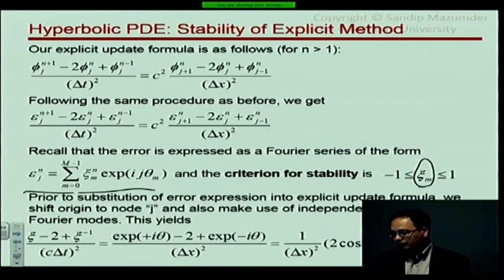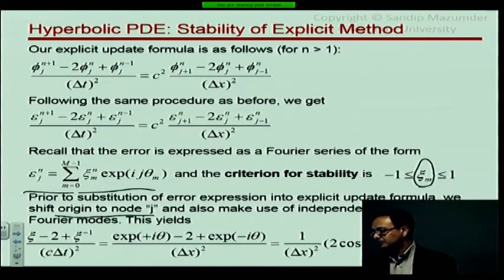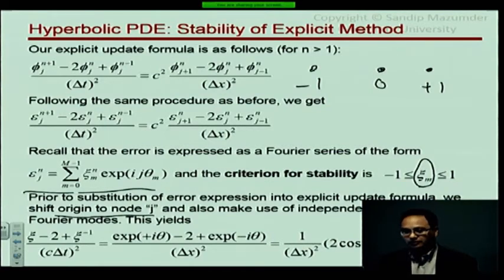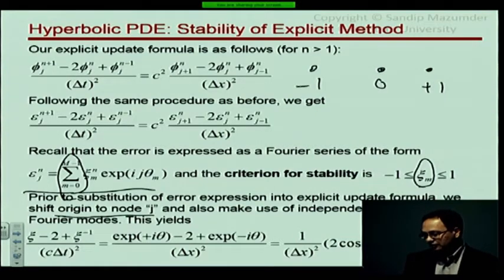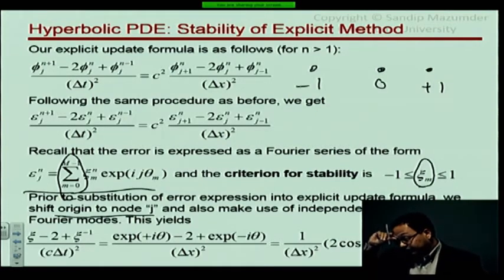So now what we'll do is, first of all, we will shift the origin to node j as we did before. So make our central node 0, and then i plus 1 will become just +1, and i minus 1 will just become -1. Okay, that's what we are using here. And then we are also getting rid of the summation sign, because we know that the Fourier modes are independent, so each mode must satisfy this equation. Okay, so we've gotten rid of the summation sign.